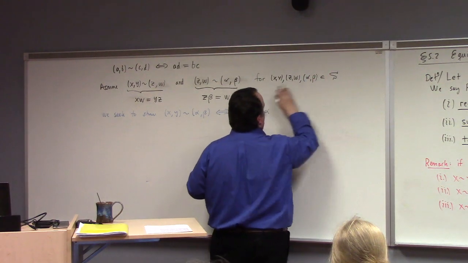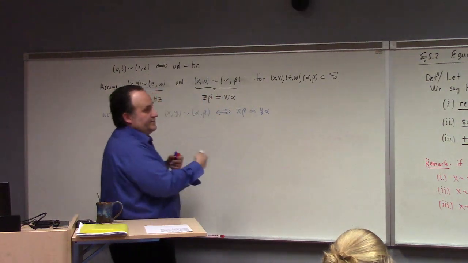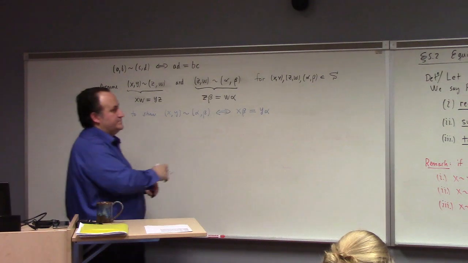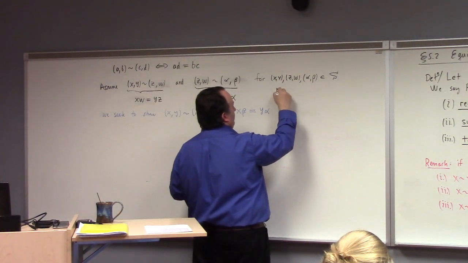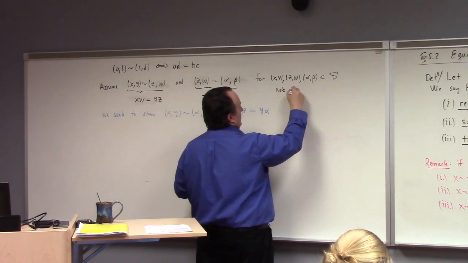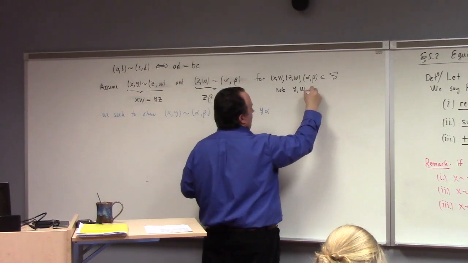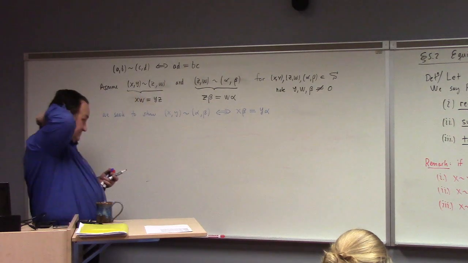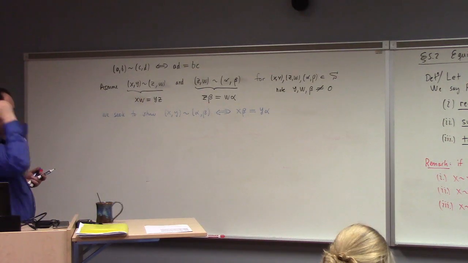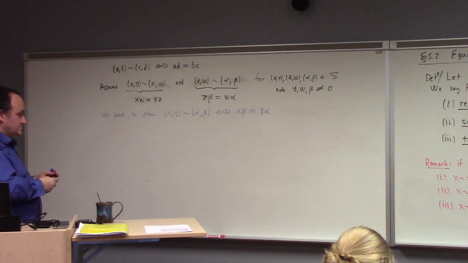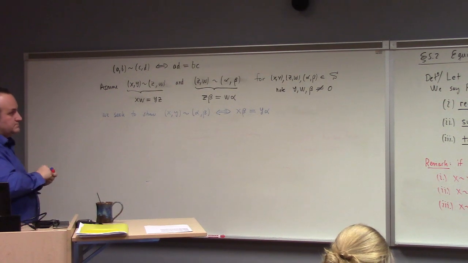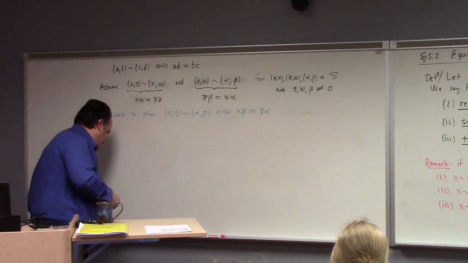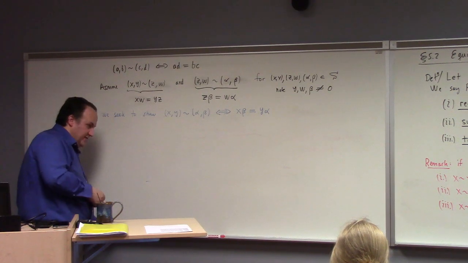What does that say? That means that all of these are integers, right? But also, what's non-zero? Y, W, and beta are not equal to 0, right? Any ideas? What should we do here?